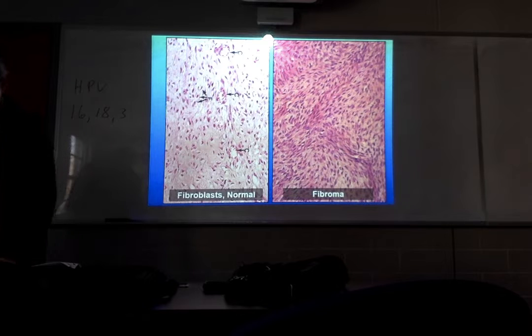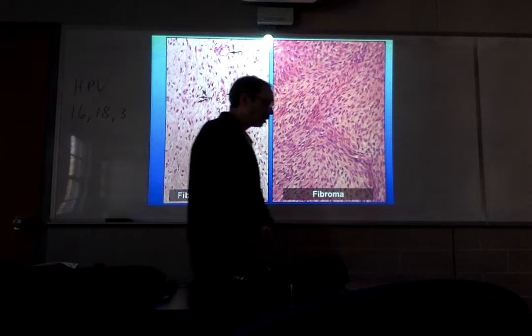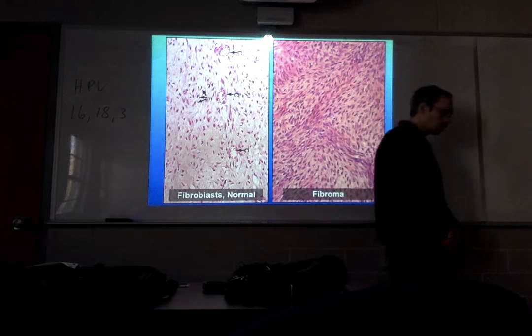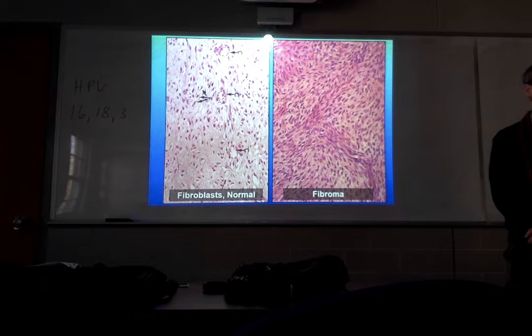Okay. The other types of benign neoplasms. We have a number of different names for certain types of benign neoplasms. For example, sometimes a benign neoplasm originates from glandular tissue. It tends to make glands as it grows.